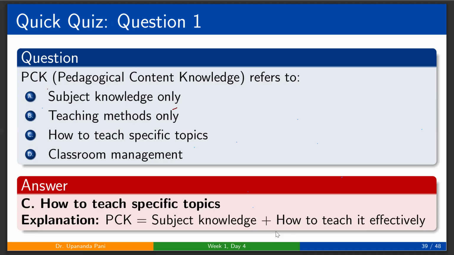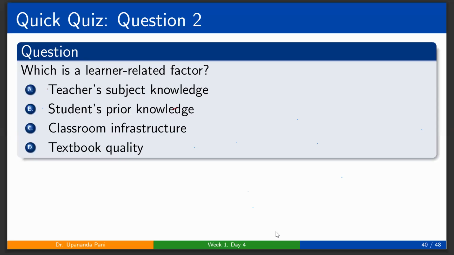The other three are there, but C is very important here because specific topics are target oriented.